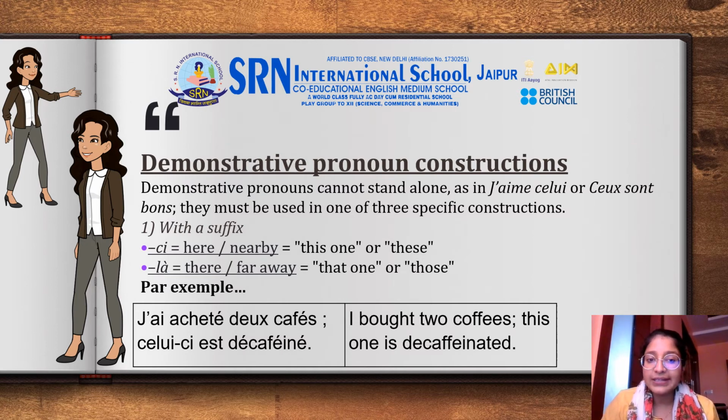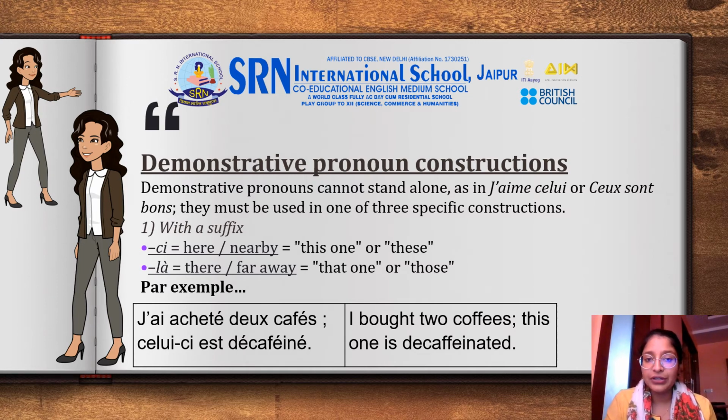The first construction is with the suffix "ci" for something which is here or nearby, that is this one or these. "Là" is for there or far away, that one or those. For example, j'ai acheté deux cafés. I bought two coffees. Celui-ci est décaféiné. This one is decaffeinated, so something which is nearby to me.